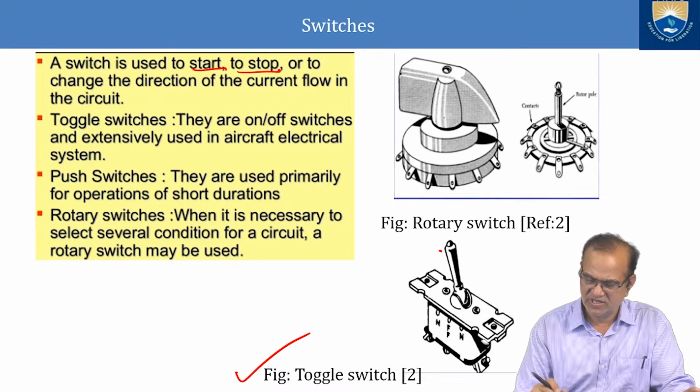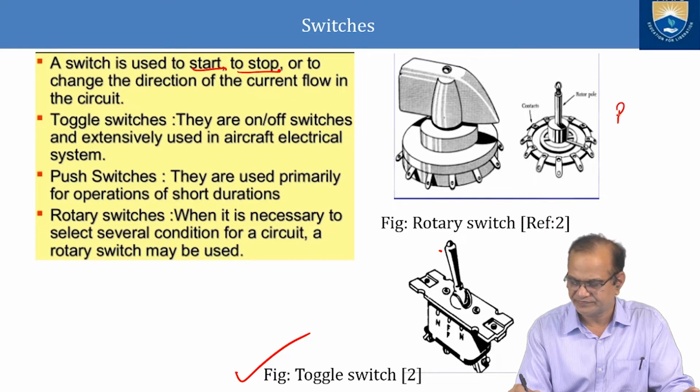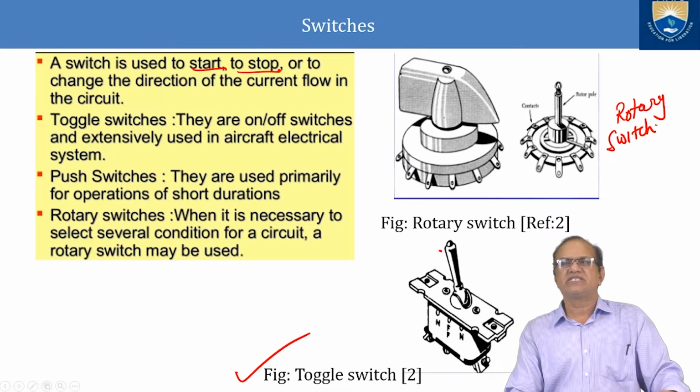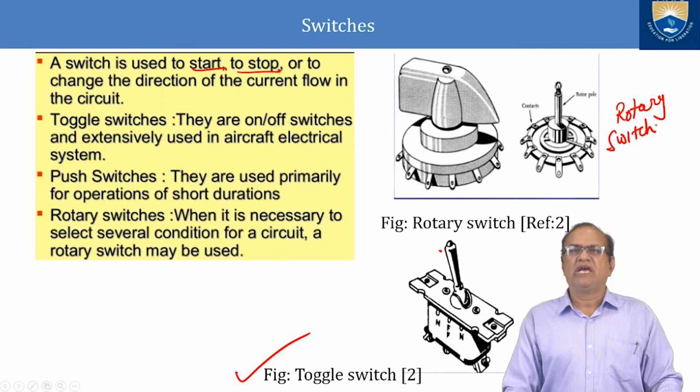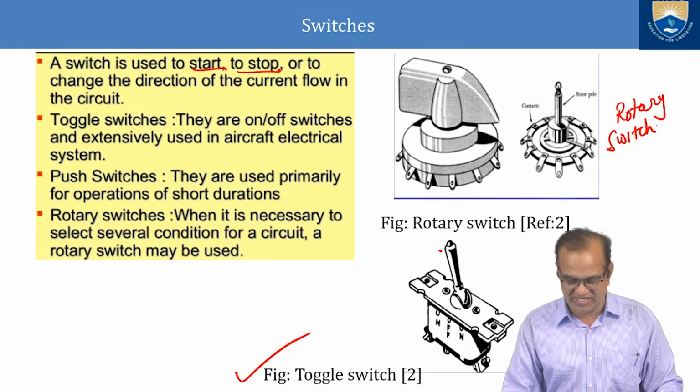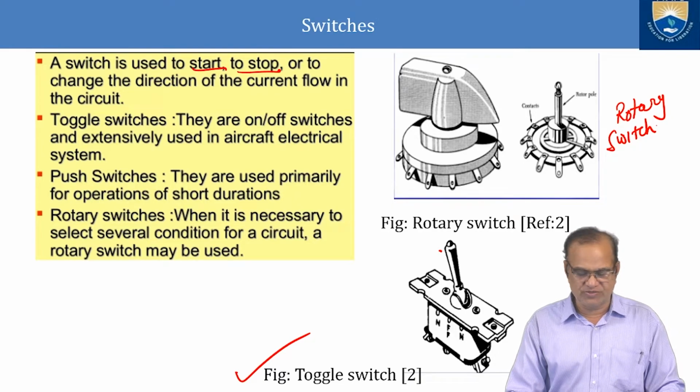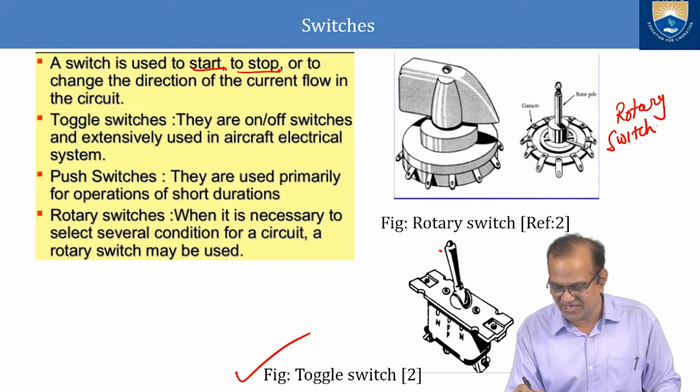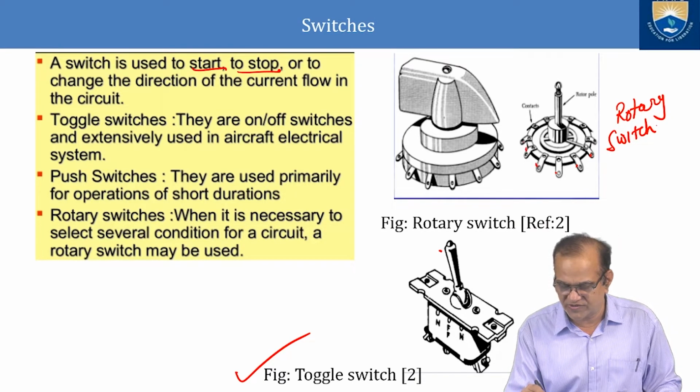This is the rotary switch, and when it is necessary to select several conditions for a circuit, a rotary switch may be used. Just you can see here, 1, 2, 3, 4, 5, 6, 7, 8, 9, 10 positions are there.